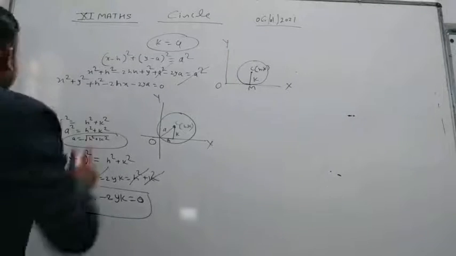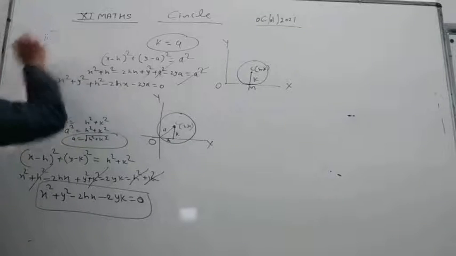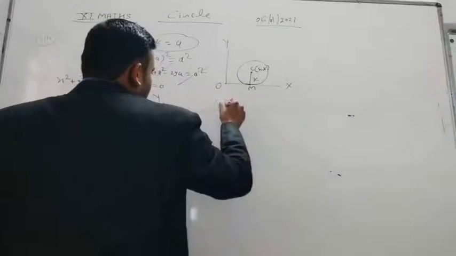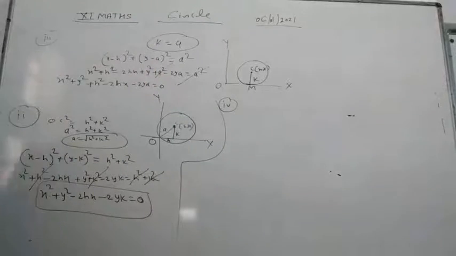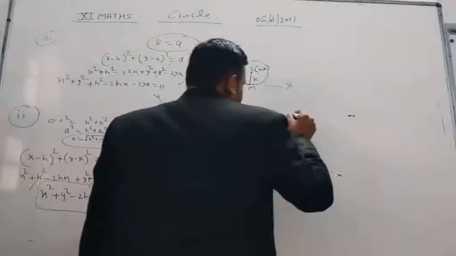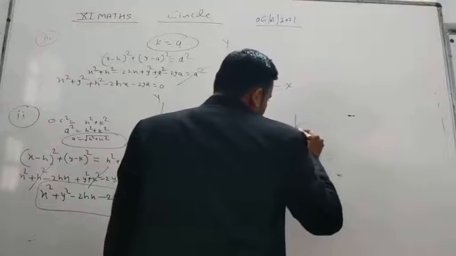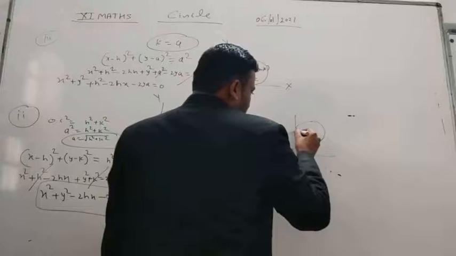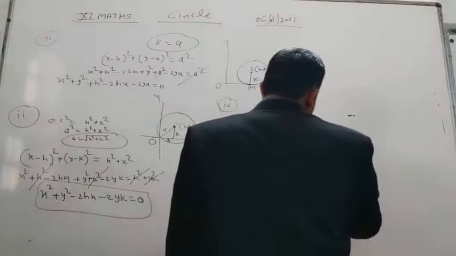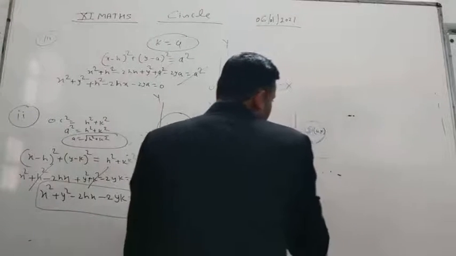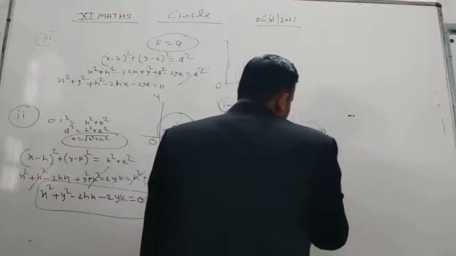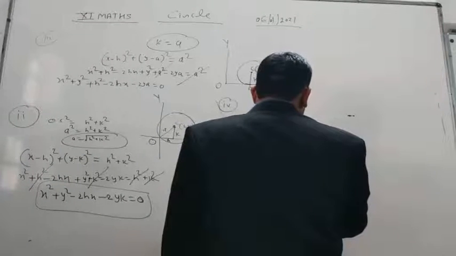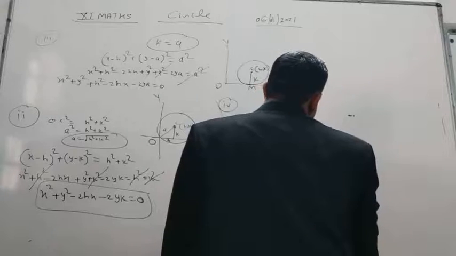So our equation of circle will be in this form. Now our next part, this is the third case, and the fourth case is when the circle touches the y-axis. Okay. So when the circle touches the y-axis, student, in this case here this will be (h, k), and this is our radius also.